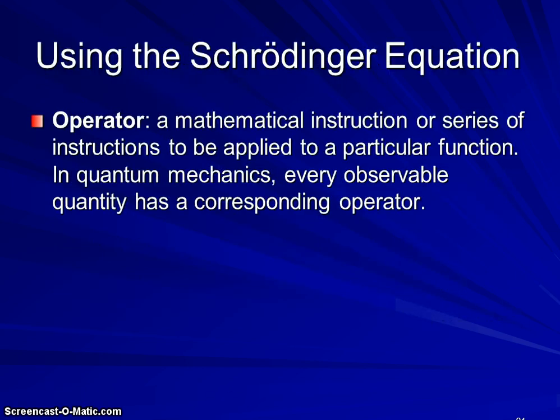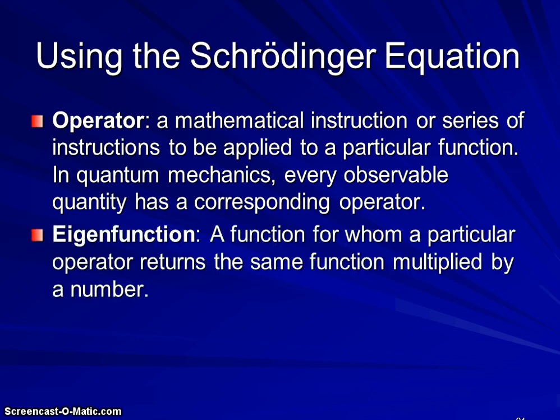Now, if we want to use the Schrodinger equation, what we've got to do is define a few new terms. An operator is a mathematical instruction or series of instructions that is to be applied to a particular function. In quantum mechanics, every observable has a corresponding operator. So we just derived the operator for energy earlier, and we'll show what I mean by that in just a moment.